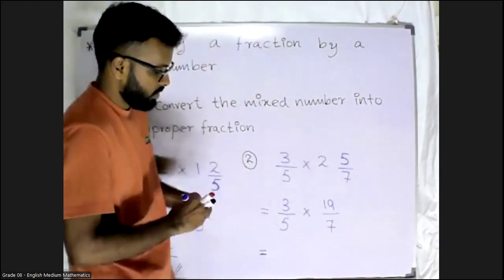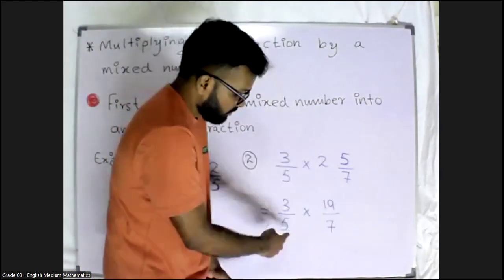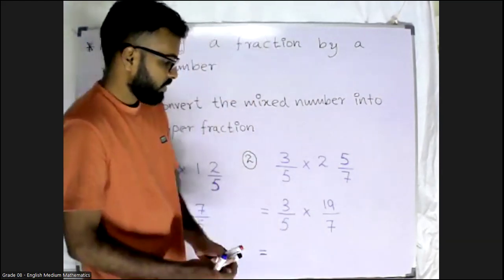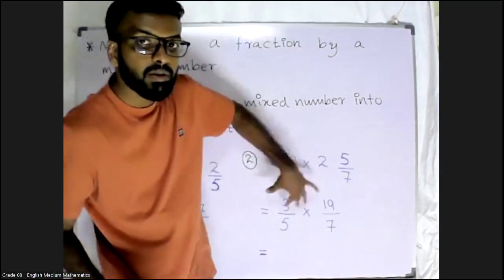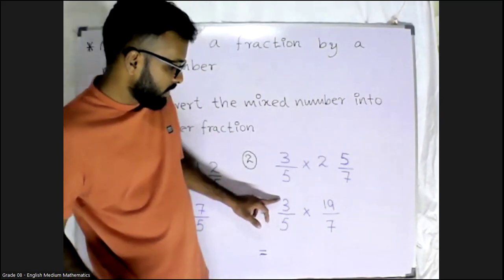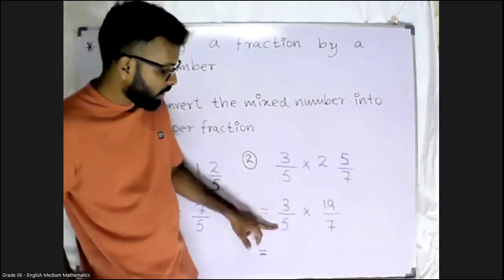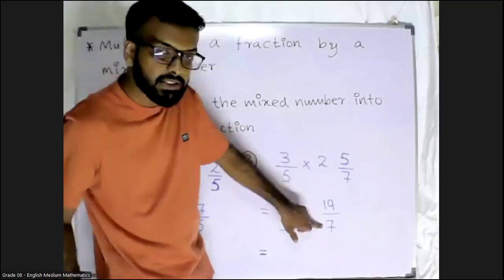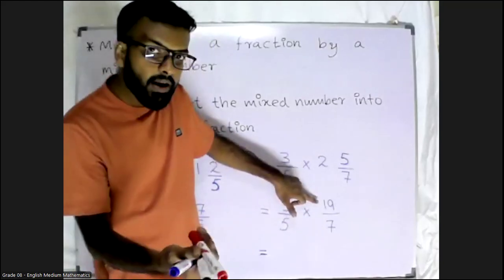So you have two numerators, you have two denominators, right? Nothing can be simplified further. You cannot simplify 7 with 3, you cannot simplify 5 with 3, you cannot simplify 19 with 7, you cannot simplify 19 with 5.